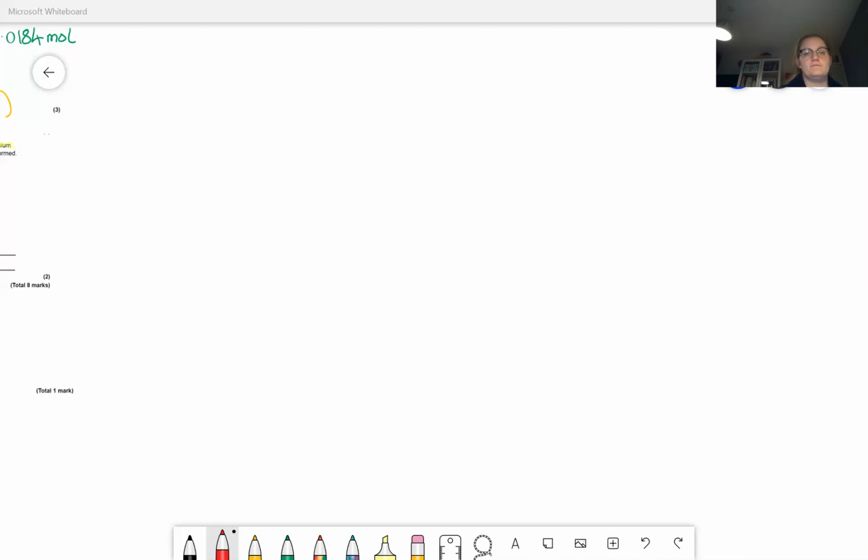Here, again, we've only got one R group on the side, so we've got a primary carbocation. Here, we've got 1, 2, so we've got a secondary carbocation. Here, we've got one R group, so we've got a primary carbocation. And then finally, we've got 1, 2, 3 R groups, so we've got a tertiary carbocation.